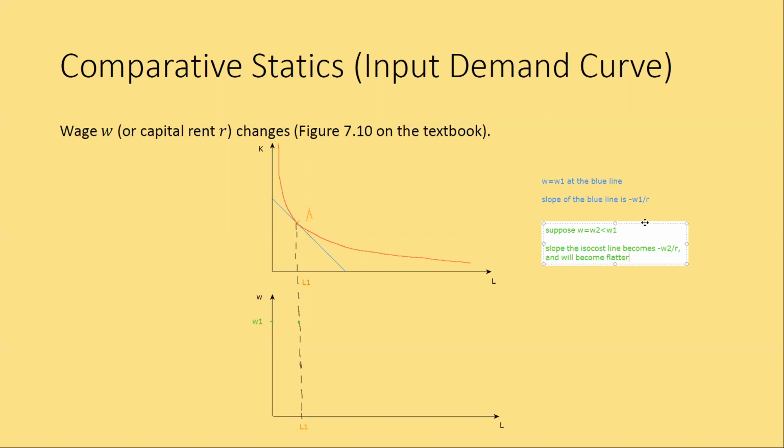We can draw all the isocost lines we need in the first graph, but I'm going to draw the one that gives us the optimal bundle. So when it becomes flatter, it may become something like this. So this time, the new optimal bundle is this tangency point, that is point B. And let me also relate this point B to the second graph.